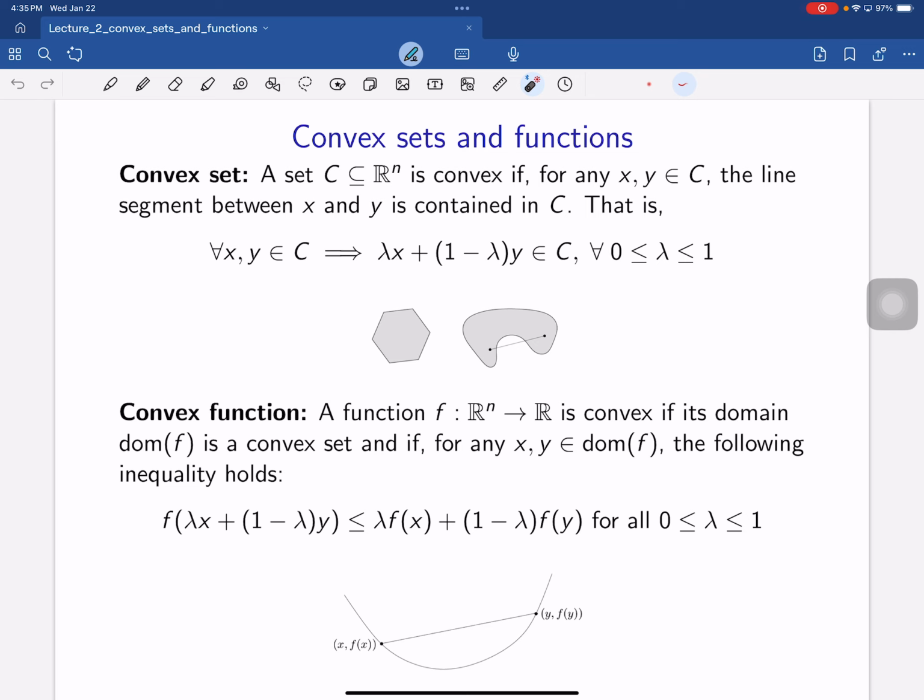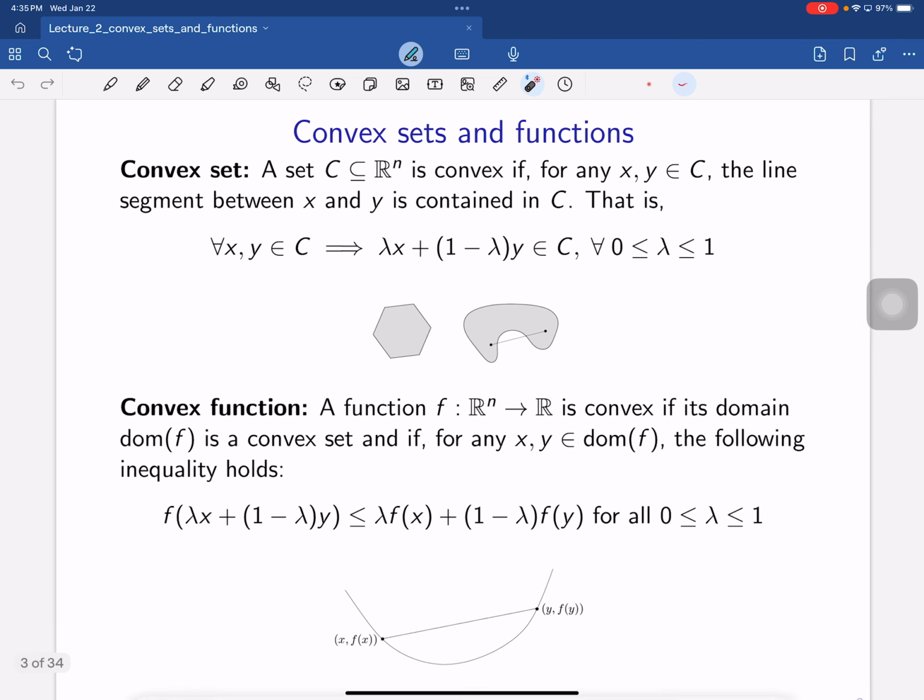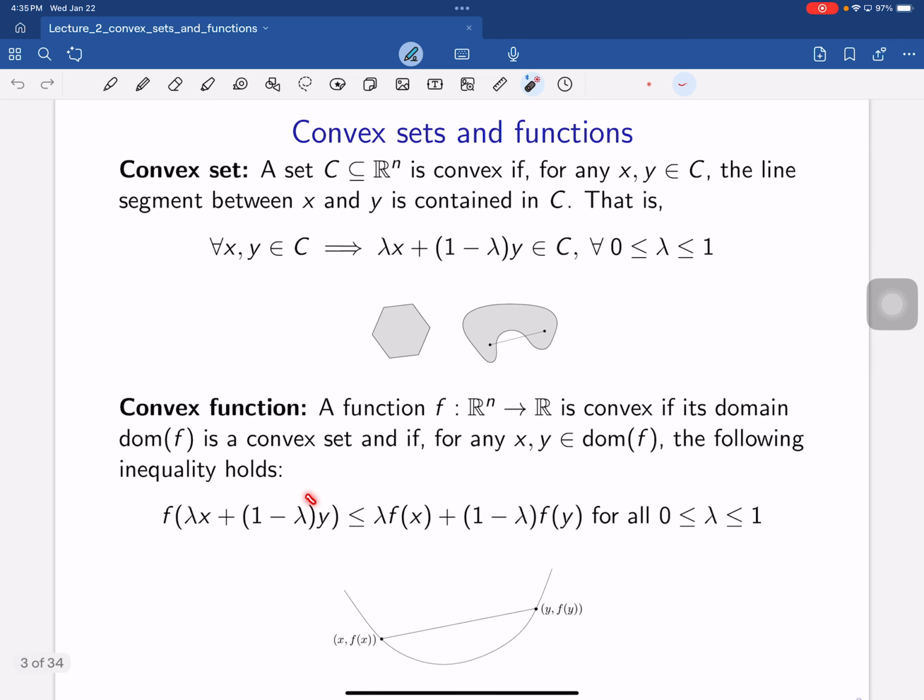Algebraically, I pick x and y, and then I take lambda x plus (1 minus lambda) y. This is the convex combination of these two points. This is the point evaluated using function f, so the left-hand side gives you this curve here.